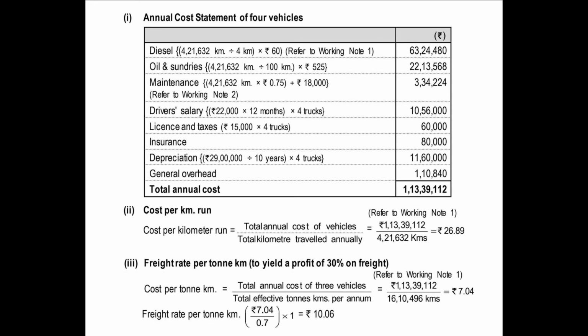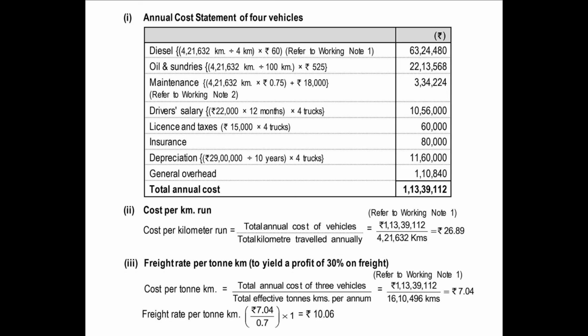What is the second part of the question? We have to calculate cost per kilometer run. Computation of cost per kilometer run: cost per kilometer run is equal to total annual cost of vehicles divided by total kilometers travelled annually.